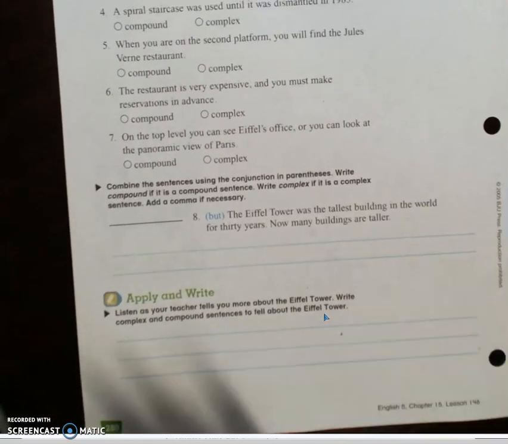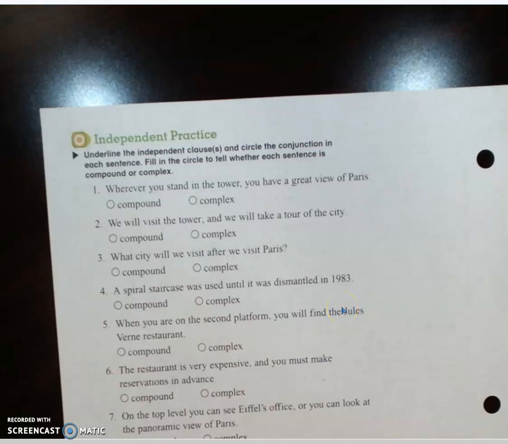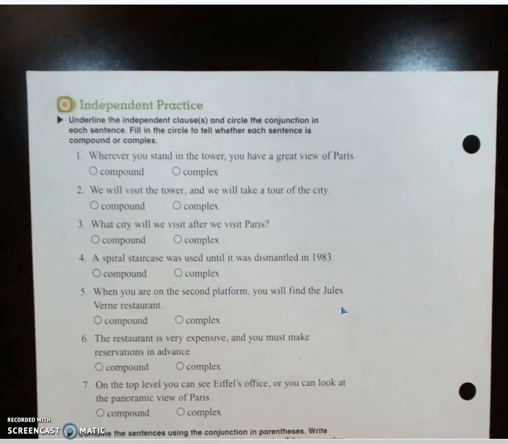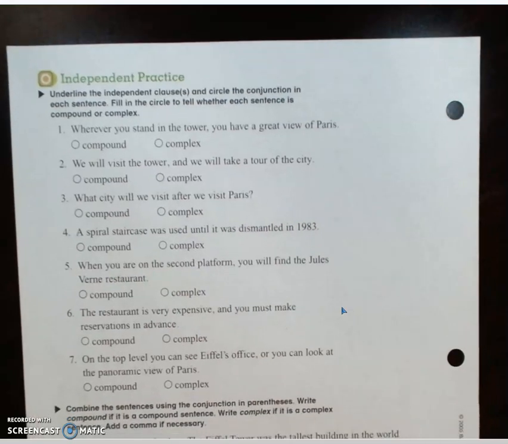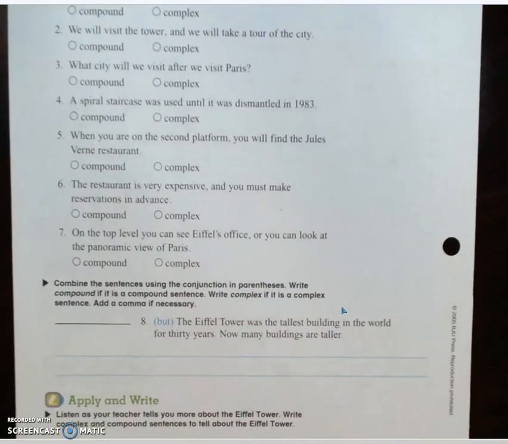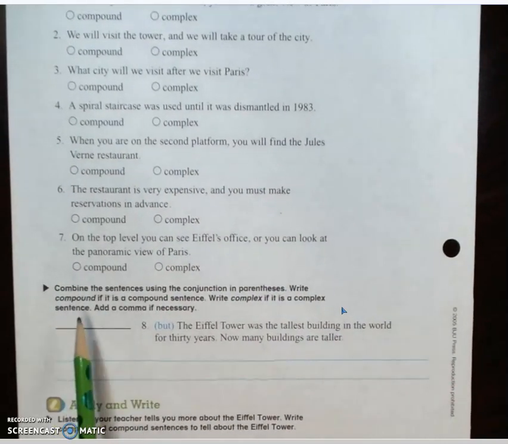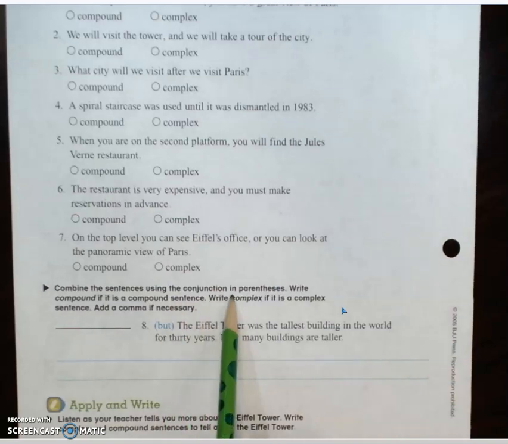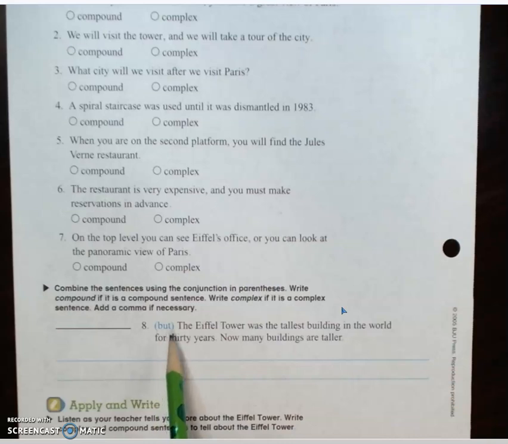Okay, so what we're going to do is we're going to flip this over, and you're going to do the top section just like we did our section on page 279. But I'm going to go ahead and do this one with you. Okay, so combine the sentences using the conjunction in parentheses, but. So because this is, remember, and, or but, what kind of sentence is this going to be?